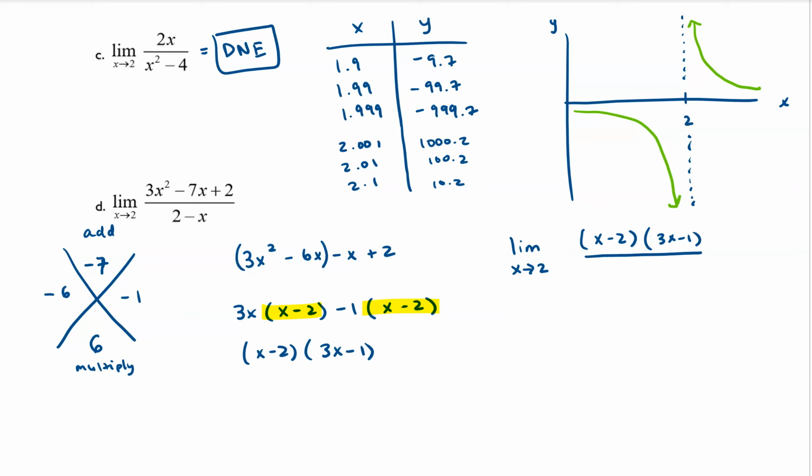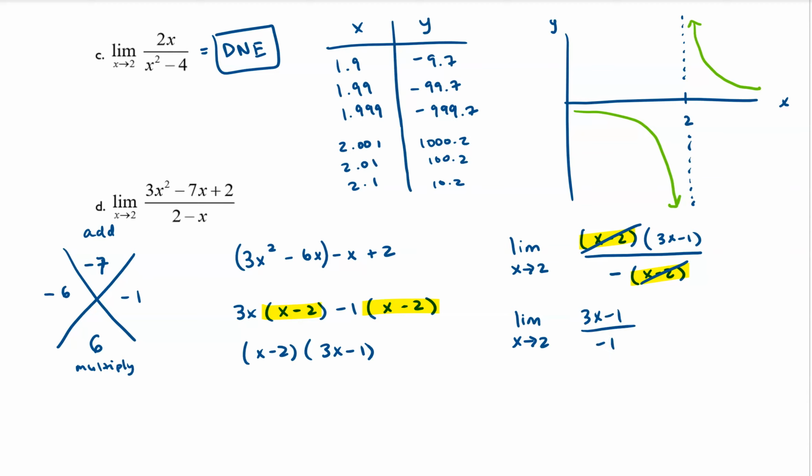However, notice that here we have an x minus 2, and if we factored out a -1 from the denominator, then we could rearrange it and get x minus 2. And then from there, these x minus 2's can divide out. And so now that's going to equal the limit as x approaches 2 of 3x minus 1 over -1.